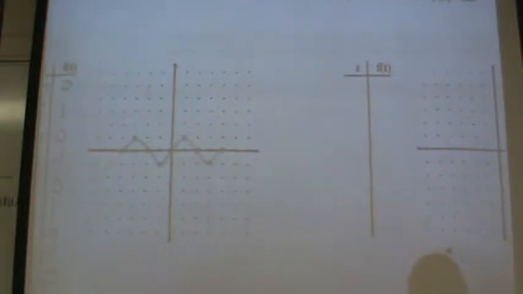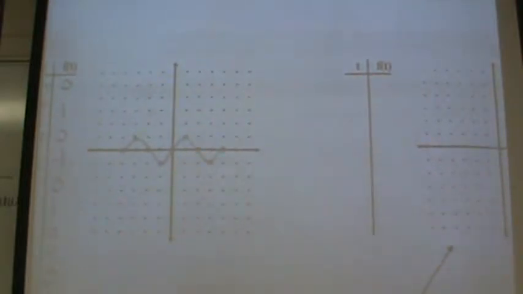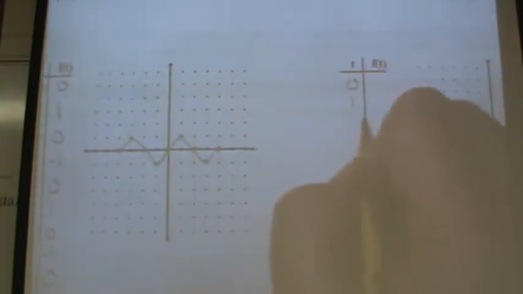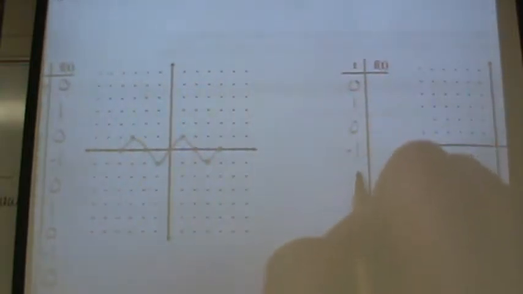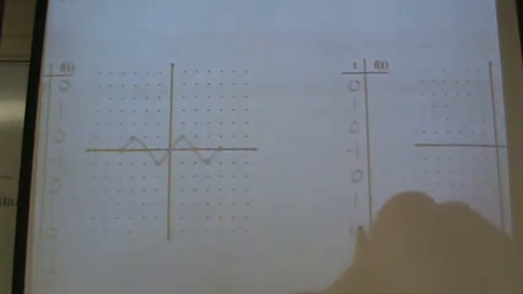So now we want to talk about the inverse of the sine. That's why I asked how we found the inverse, and you guys said that we switched the x and the y values. So we're going to take these x and y values that we have, and we're going to switch them. So we're going to have 0, 1, 0, negative 1, 0, 1, 0, negative 1, 0.